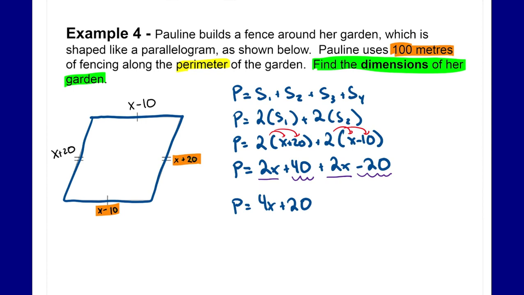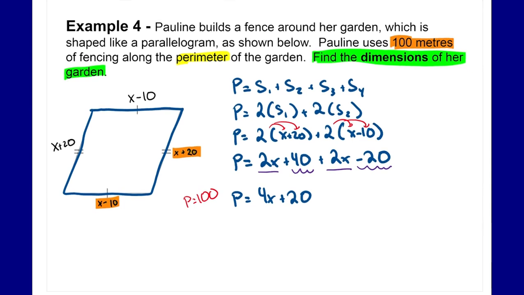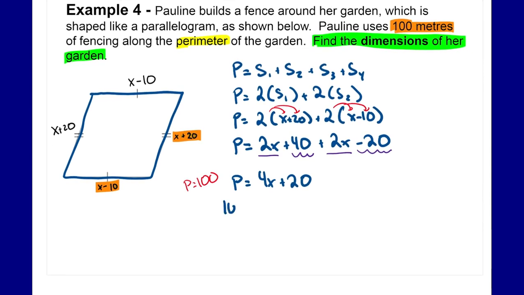However, the question says, find the dimensions of her garden. So I need to somehow find out what x is. I have two variables, P and x. In order to solve for x, which I need to find the dimensions, I need to plug in something for P. And I am told that the perimeter is equal to 100. That comes right from the question. So I can replace P with 100.